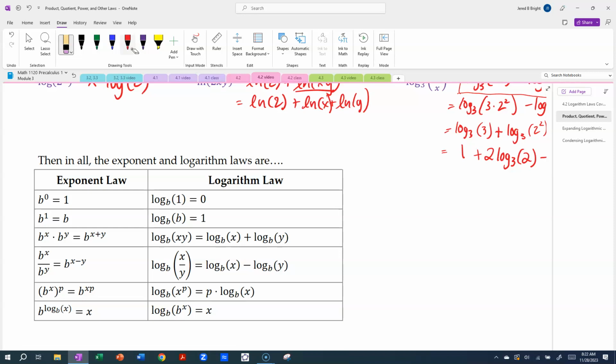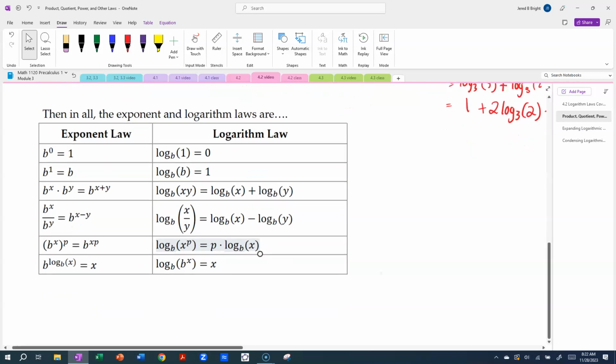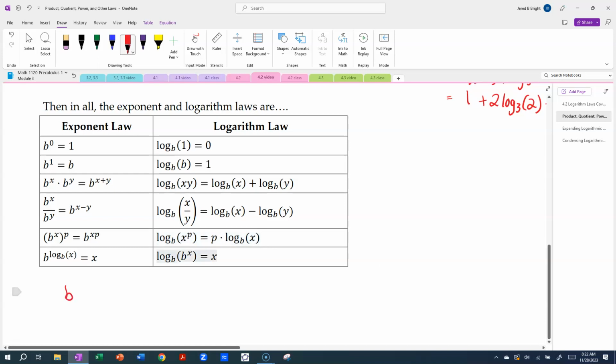If you don't happen to have all the exponent laws memorized, make sure this table gets into your notes and formula sheets, because it is really important going forward. It's about having a firm understanding of what the exponent properties are and how the logarithm laws relate to those. Again, everything can always be boiled down to: if you have b to the y is equal to x, that's the same as saying log base b of x is equal to y. That might be an additional thing you could add on there.